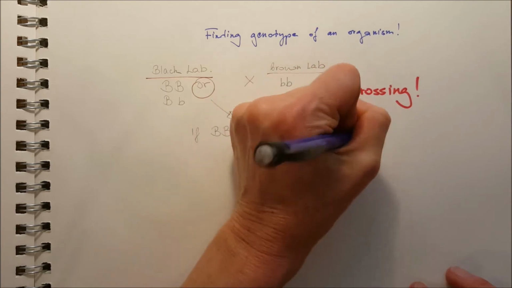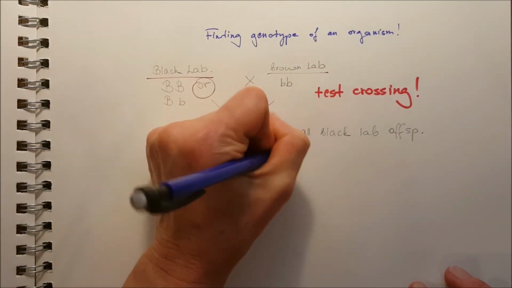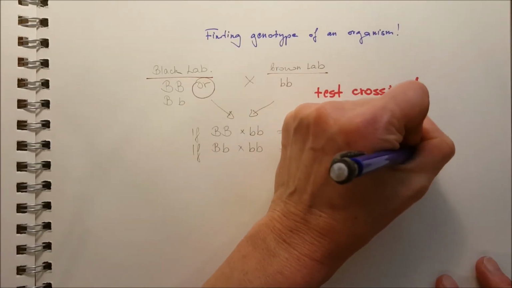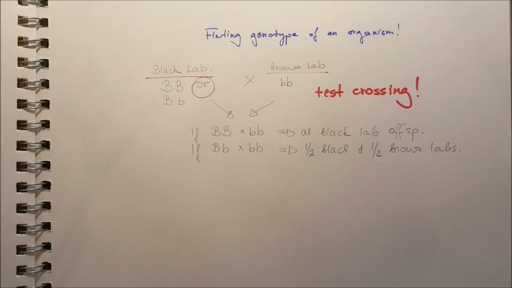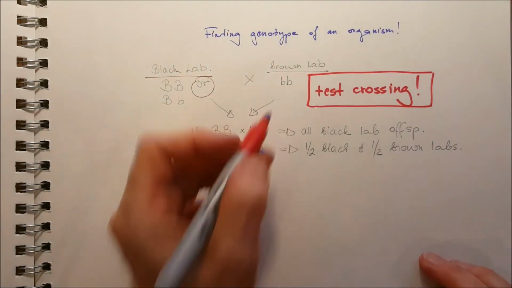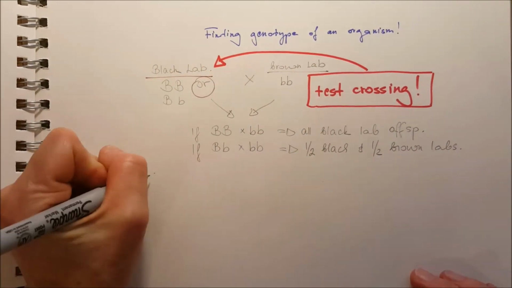If I have a black lab that is homozygous dominant and I cross it with a homozygous recessive, all of the offspring will be black. But if I have a heterozygous black lab, in this case, half of the offspring will be black and half of them will be brown.